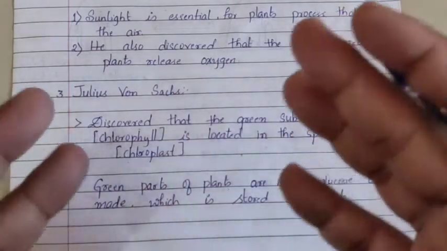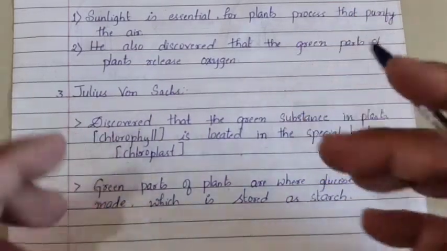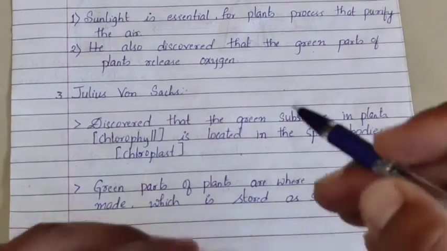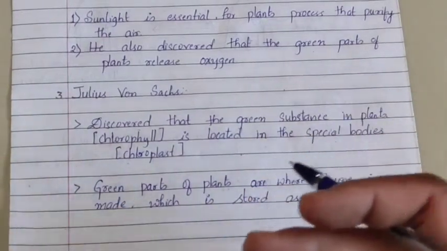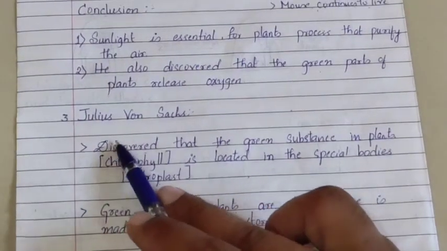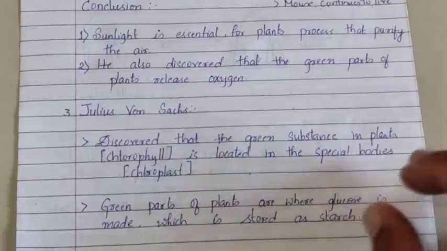That polymer stored in plants, starch, is a polymer of glucose, and this glucose is produced in the green parts of the plants, which was concluded by Julius von Sachs. So, moving to the next experiment.